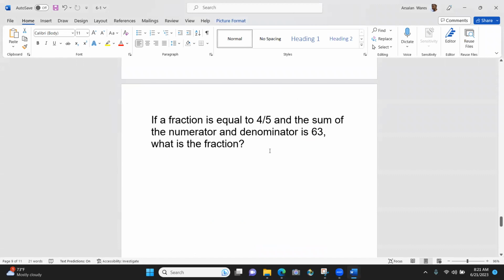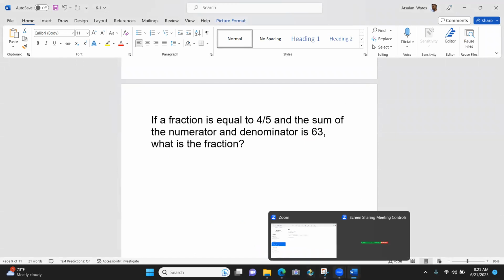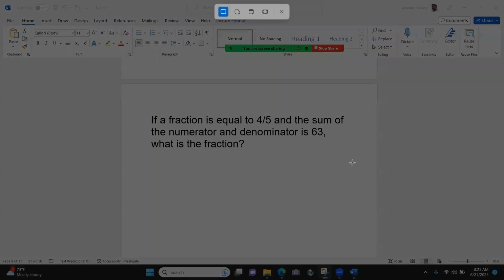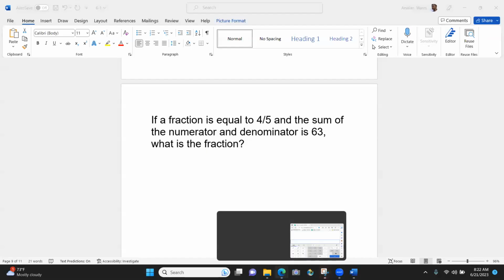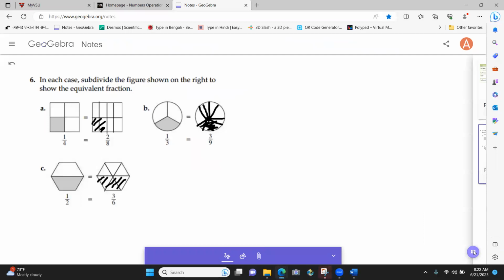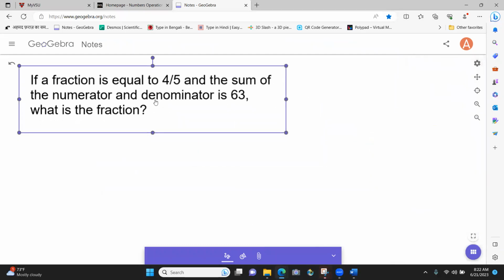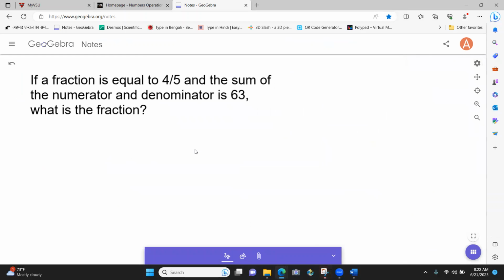All right, guys, so let's try this problem. This is from your MATLAB. It's a problem from MATLAB. Let's see how we can solve this problem. If a fraction is equal to 4/5 and the sum of the numerator and denominator is 63.